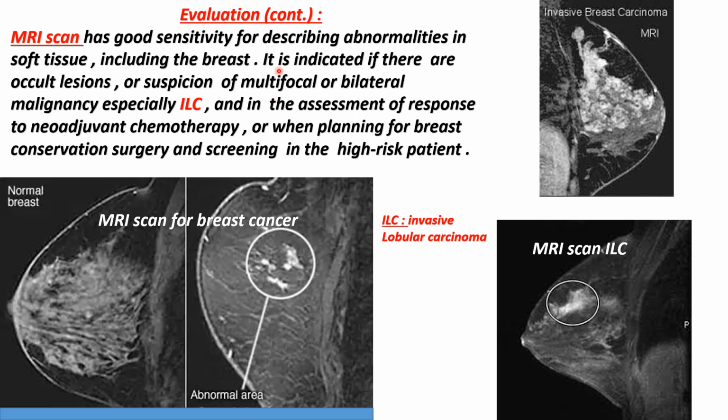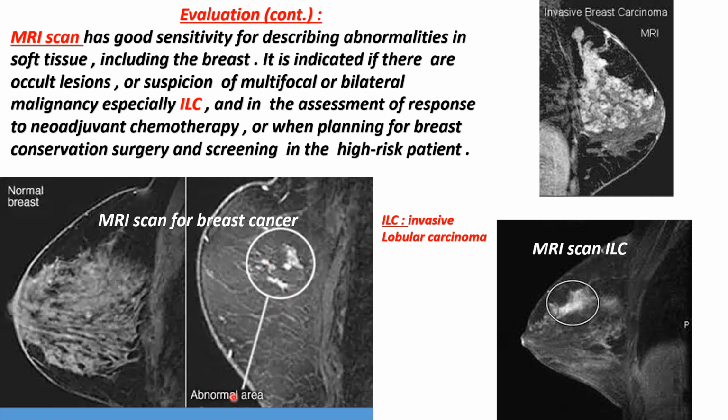MRI scan is indicated if there are occult lesions or suspicion of multifocal or bilateral malignancy, especially invasive lobular carcinoma, and in the assessment of response to neoadjuvant chemotherapy, or when planning for breast conservation surgery, and screening in the high-risk patient.